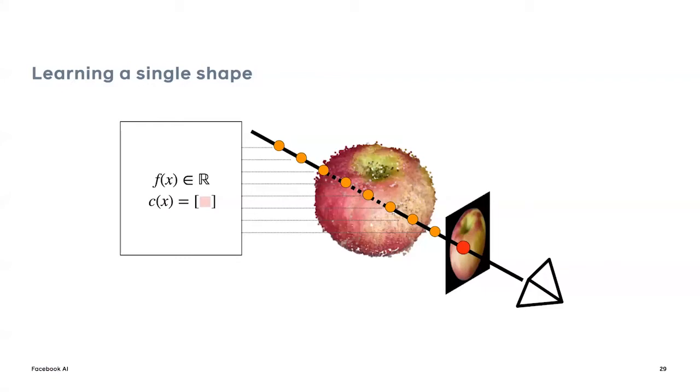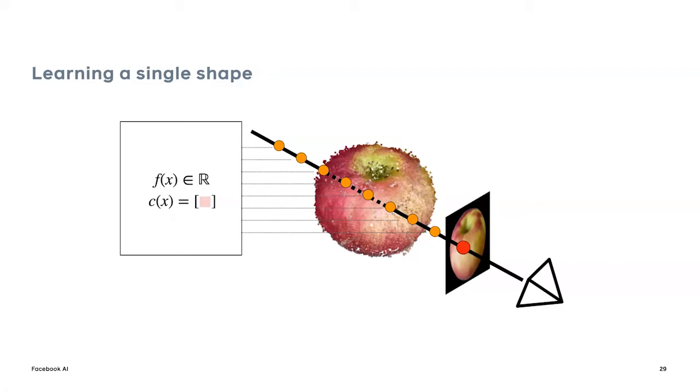Well, again, we're going to use an implicit representation for that. For example, NeRF. And NeRF gives you two things: a function f and a function c. The function f tells you whether a given point in space is occupied or not, whether the surface of the object is found there or not. And the function c gives you the color, and actually a bit more information, something about the gradients of that point in space, so you can render it.